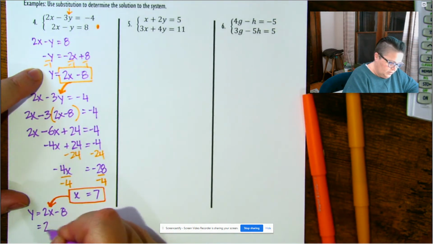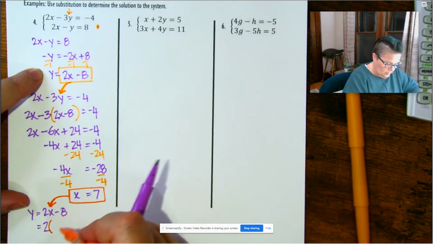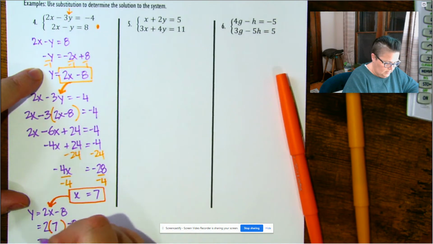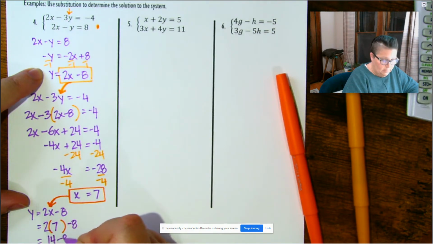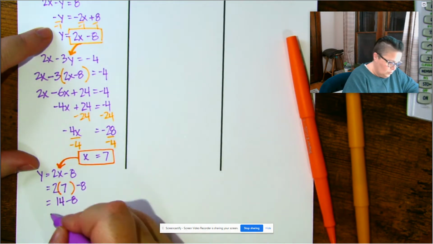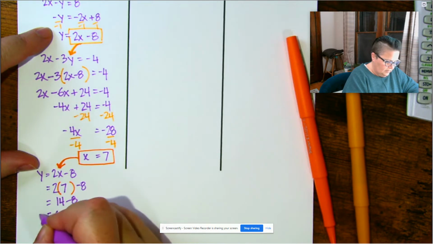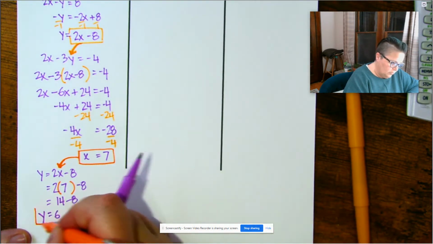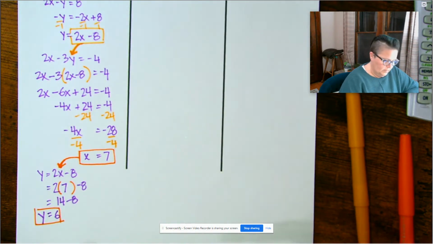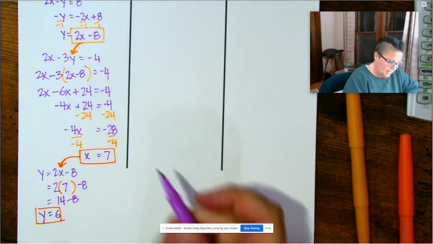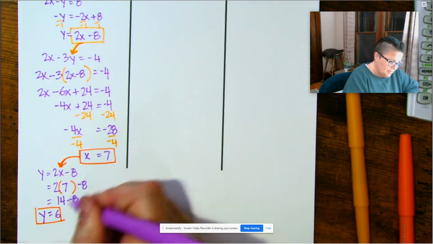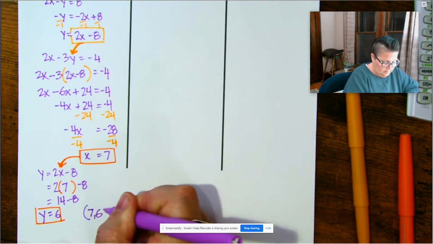So that's going to be 2 times 7 minus 8, which is 14 minus 8, running out of room, which is 6. So now I also know what y is. Once I have both the x and the y, I know that there is a single solution at 7, 6.